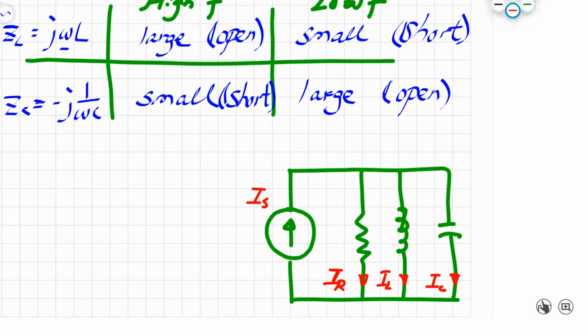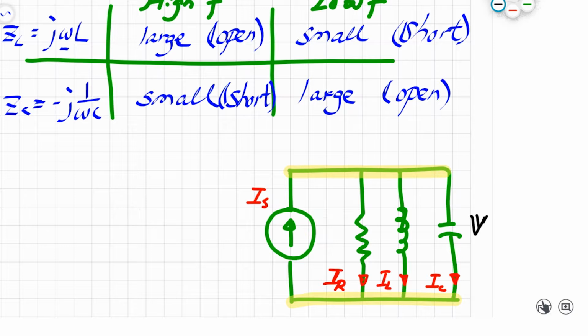We also notice that this is called a single node pair. There's only one pair of nodes here, one node on the top, one node on the bottom, and so they all have the same voltage across them. There's just a V across everyone, the same voltage.